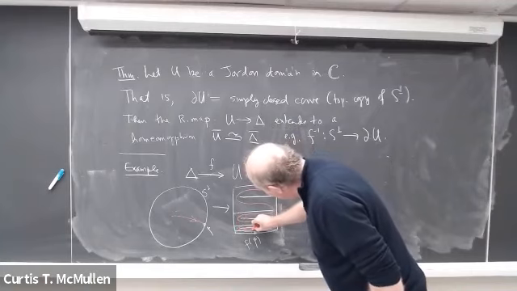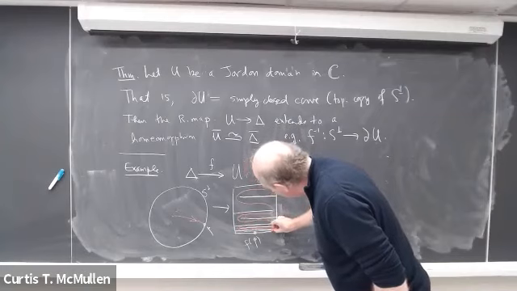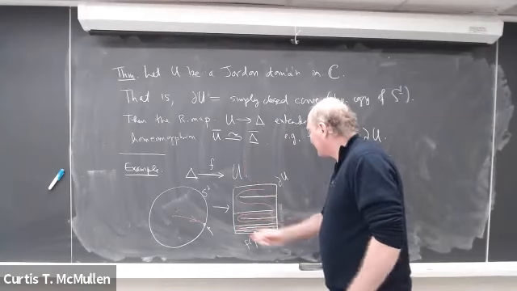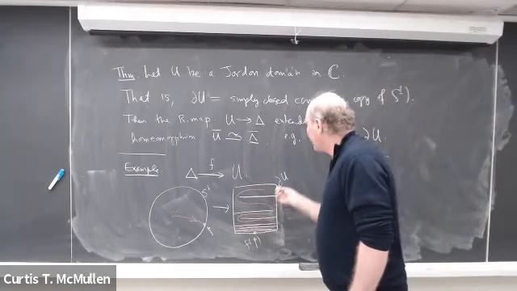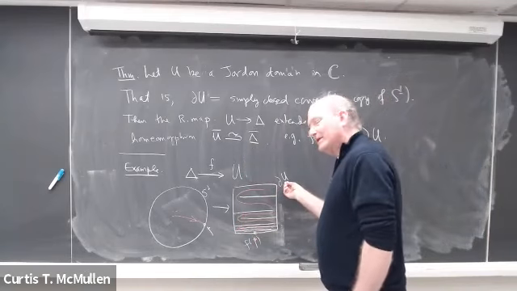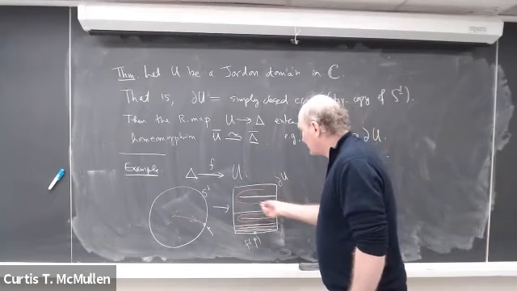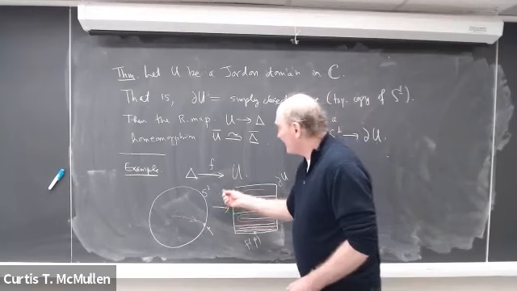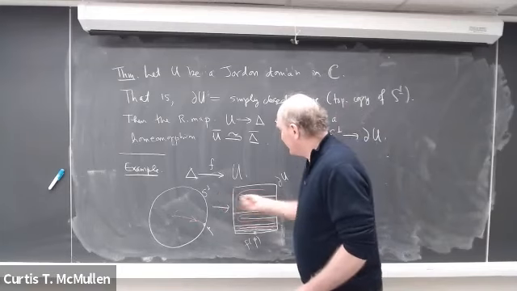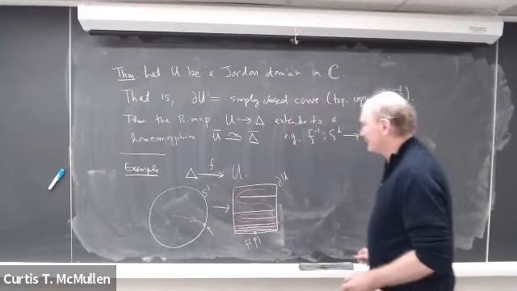So no matter how the map is chosen, this path can't possibly converge to the point F of P. The point F of P is said to be inaccessible from within U. There is no continuous arc in U that converges to this point. And therefore, the Riemann mapping F to this region cannot extend continuously to the boundary.